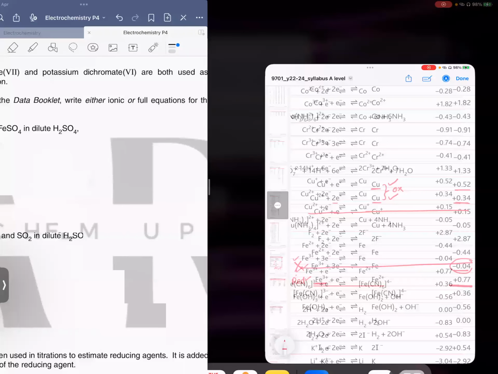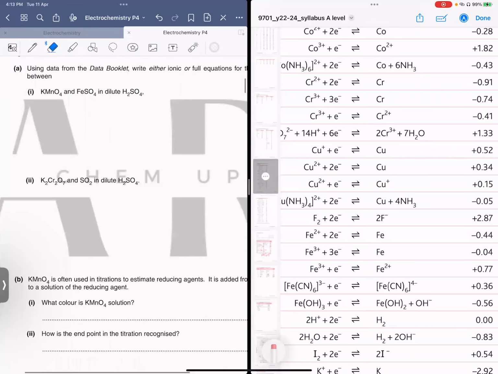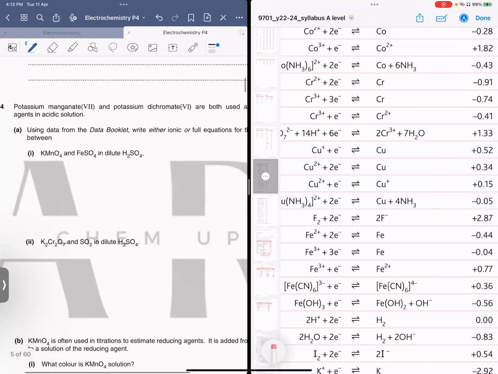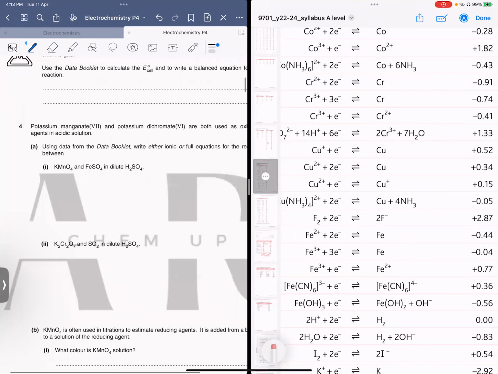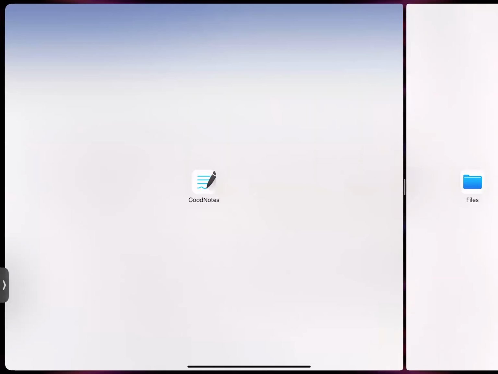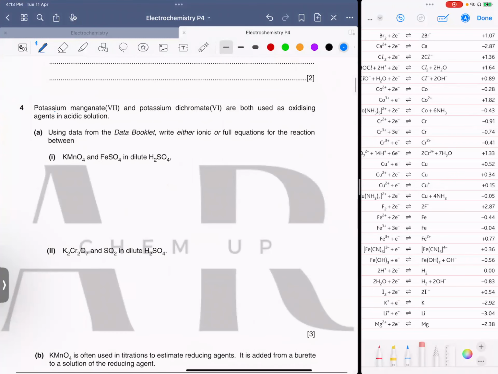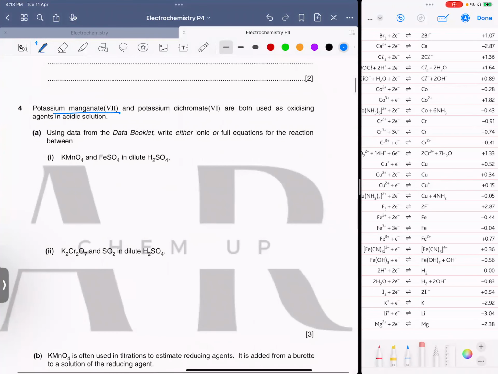So see, if you look, you have a hint over here. They have told you that potassium manganate 7 and potassium dichromate 6 are both used as oxidizing agents in acidic solution.